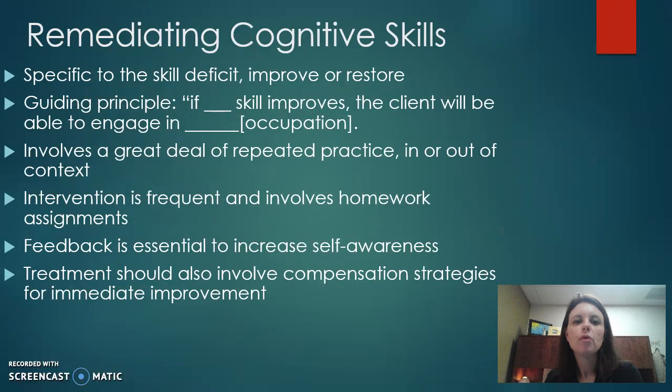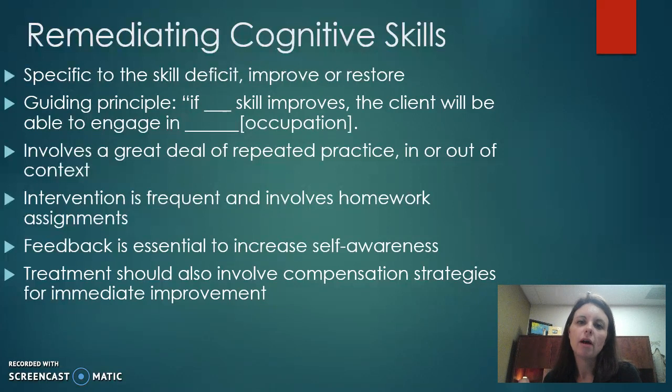Okay, so when we think about remediation of cognitive skills, we have to think about whether or not we're going to remediate with a specific approach like mass repetition, if we're going to use specific strategies to cue someone. Whichever strategy we decide, our foundational guiding principle is that if we improve this cognitive skill, the client will be able to engage in an occupation.